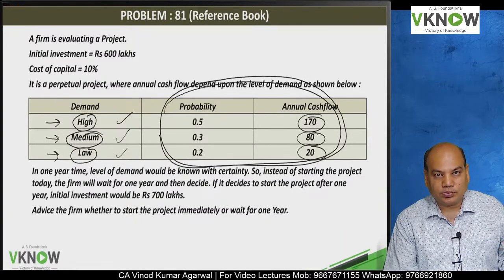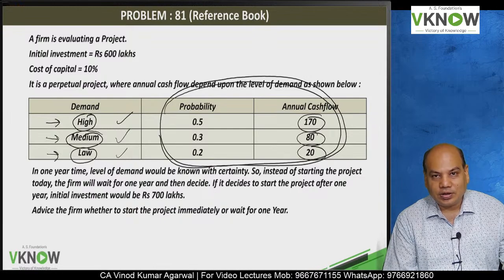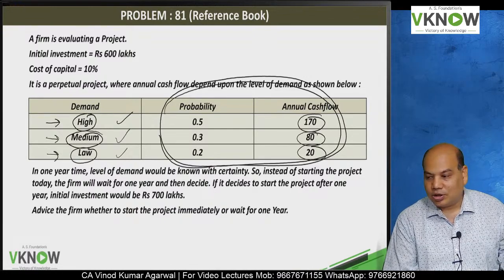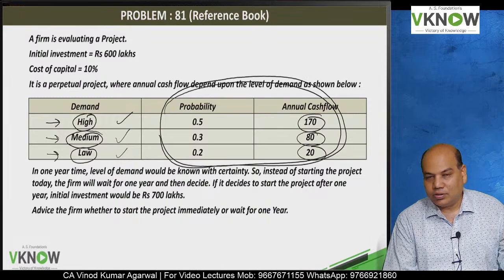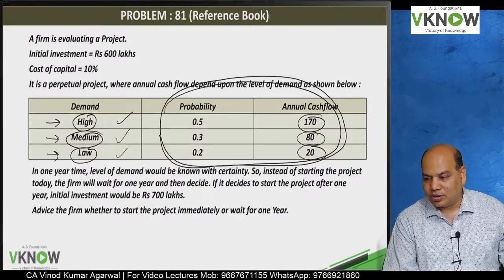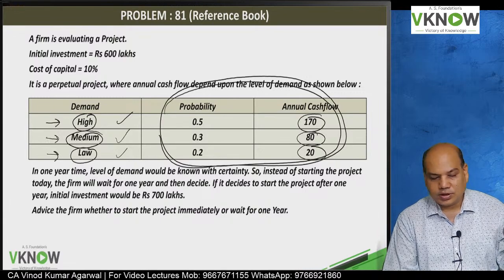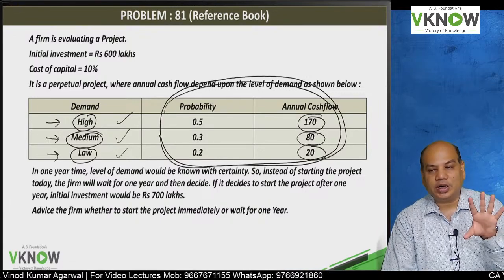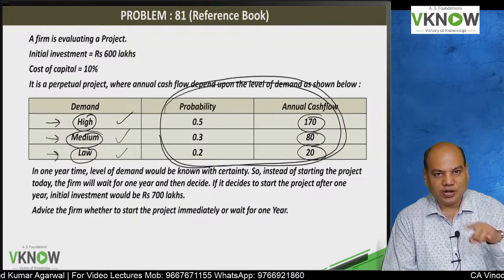Like the oil problem, price can be 300, price can be 100. Now here the demand can be high, what is NPV? Demand can be medium, what is NPV? Demand will be low, what is NPV? If you are getting a negative answer, make it 0.